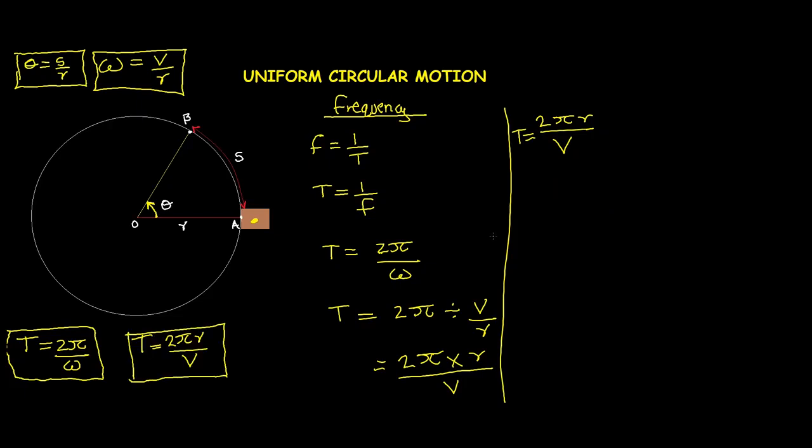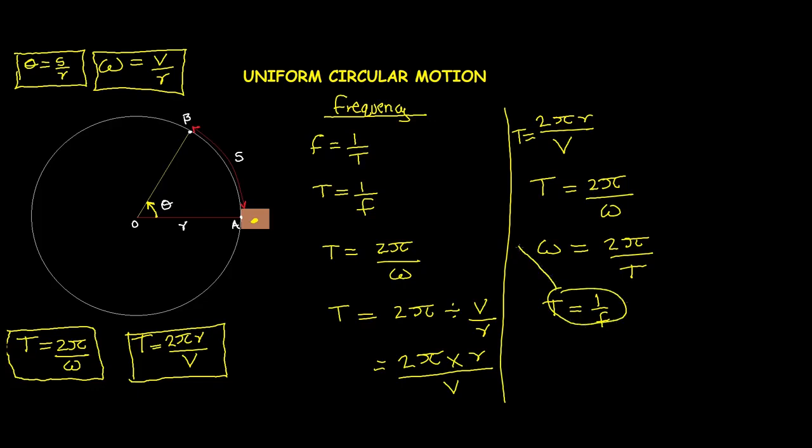Now for us to introduce frequency, we will need to use this formula here, whereby we've said that T, which is the period, is equal to 2 pi divided by omega. Now we need to make omega the subject of the formula. This omega is the angular velocity. So we will say that angular velocity is given by 2 pi divided by the period itself, right? Now, what is period? You know that period, which is T, is given by 1 divided by f. So this formula here is the one that we had written here.